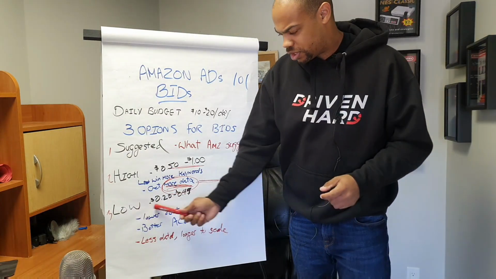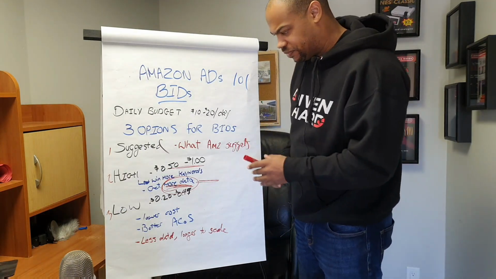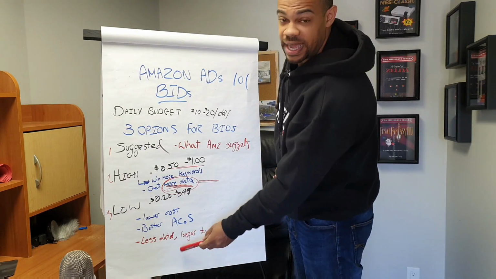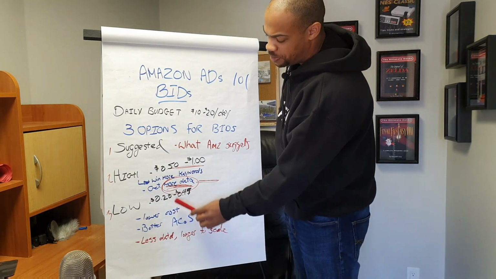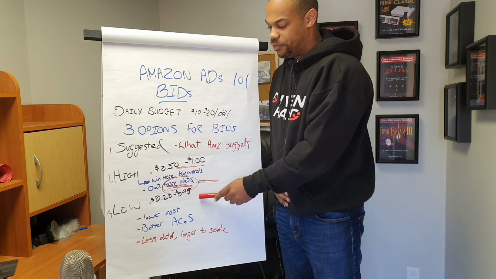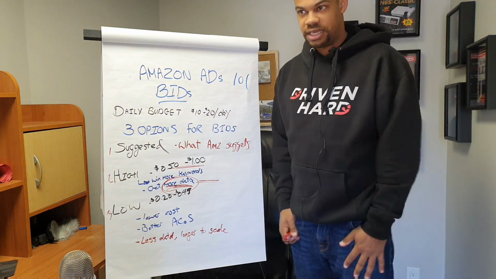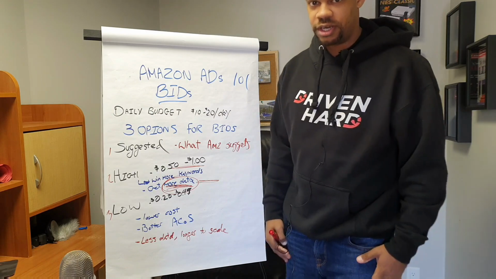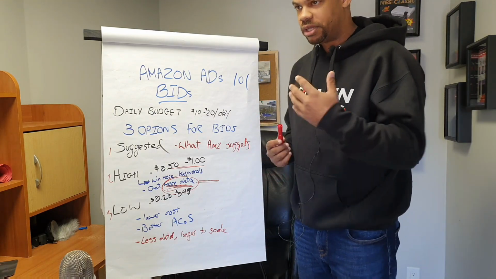The problem with starting with the lower bids, as you probably already guessed from the last couple of videos I've been doing, is less data, and it's going to take you a lot longer to scale, because you're probably not winning as many keywords on lower bids. That means you're getting less data, and it's going to take you longer to end up scaling your ads and becoming more profitable in the long run.